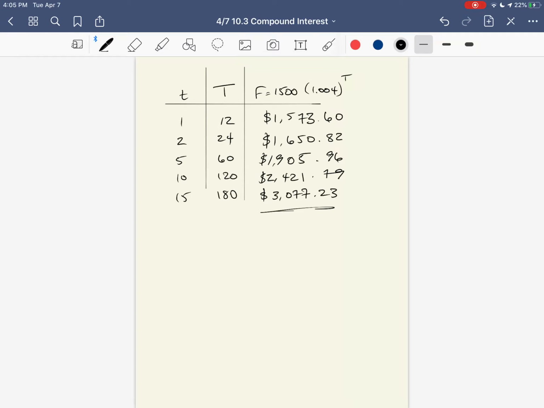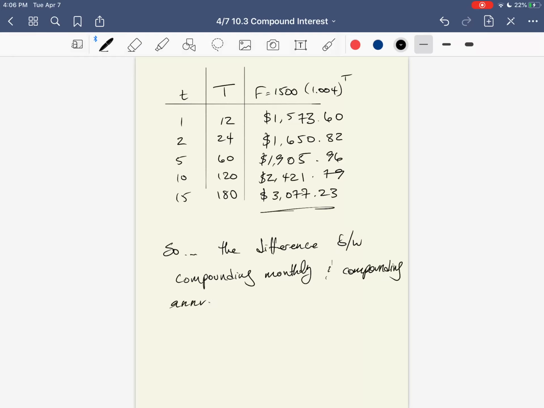However, remember, the difference between that and the simple interest version was huge, right? So that's the difference. The difference between compounding monthly and compounding annually is small.